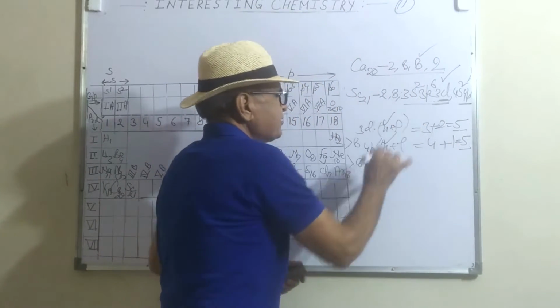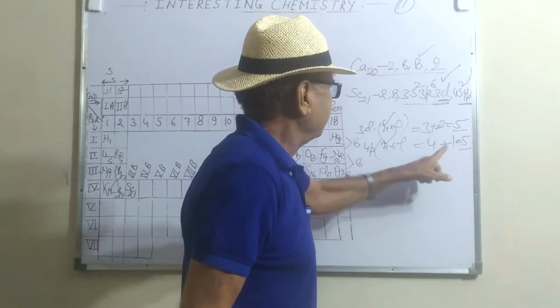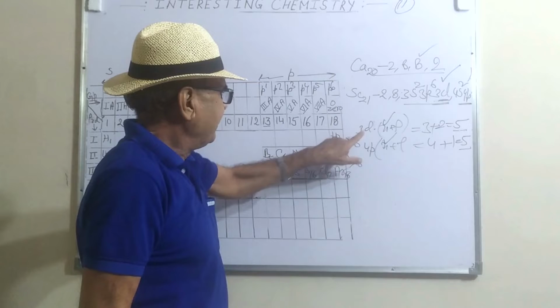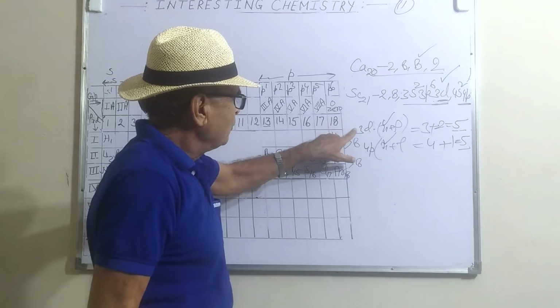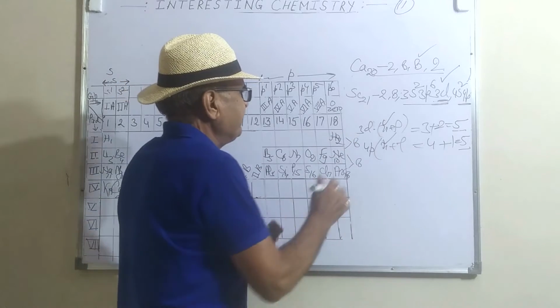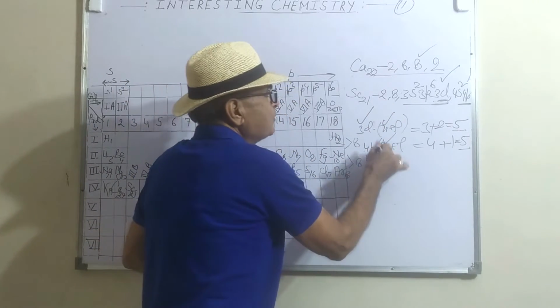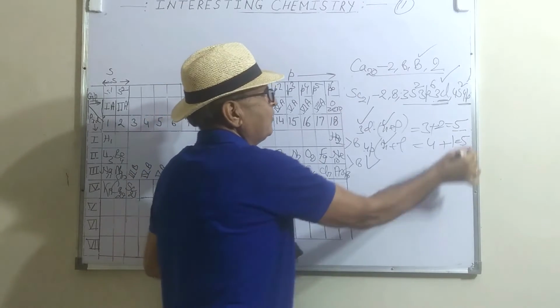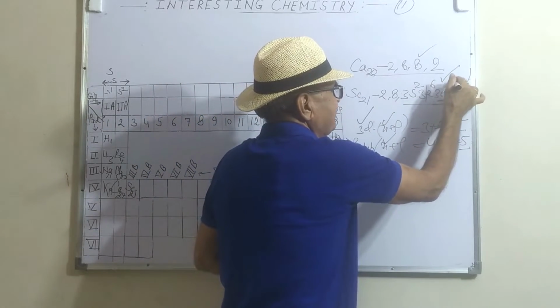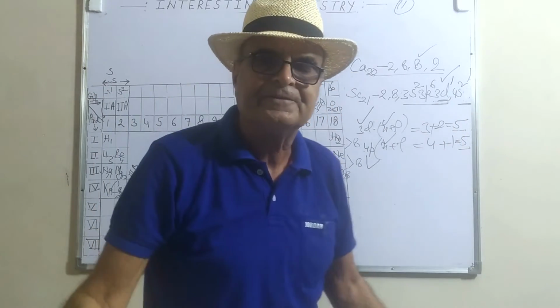The n will decide. So here, between 3d and 4p, which has the lower value of n? The 3d is from the third shell, the 4p is from the fourth shell, so the 21st electron will go to the d1 and this p will remain vacant.